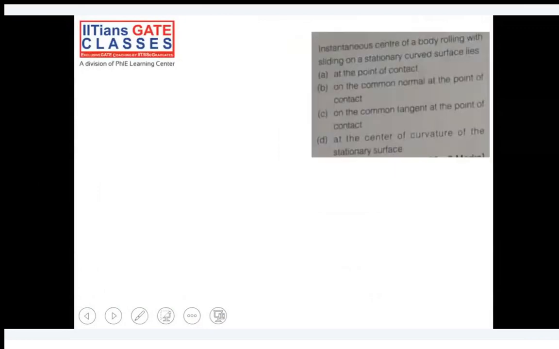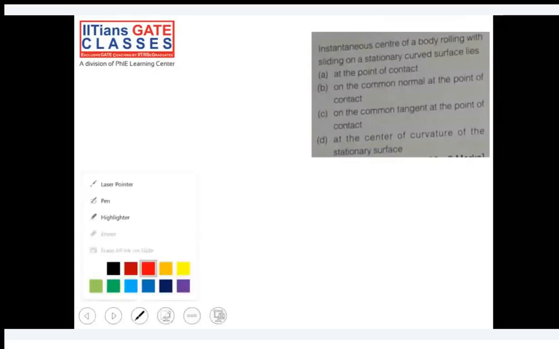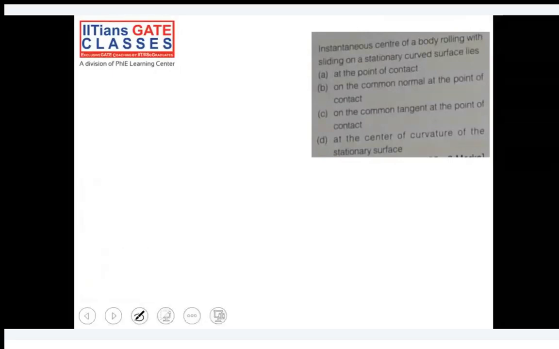Yeah. So I think now you can see my screen. Sorry for this. So what I was saying is the instantaneous center of a body rolling with sliding on a stationary curved surface. Can you tell me the correct option in this case?